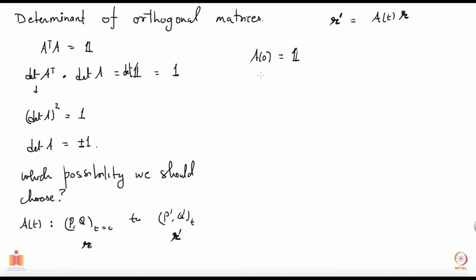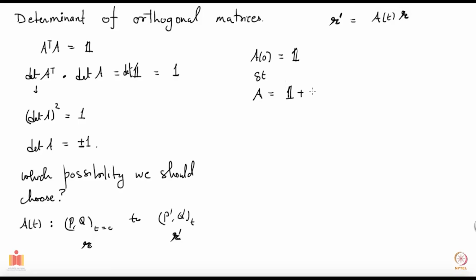Now think of an infinitesimal amount of time, delta t, which has passed, and your A is now identity, no transformation at all, plus a small change because of the small transformation that happens in time delta t.